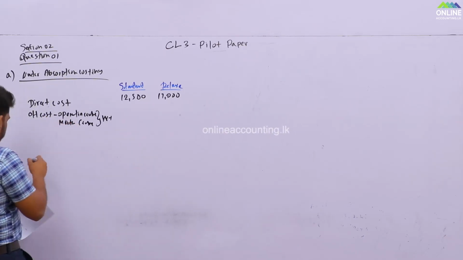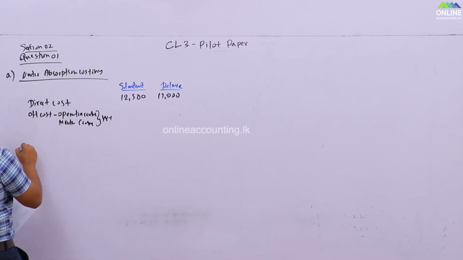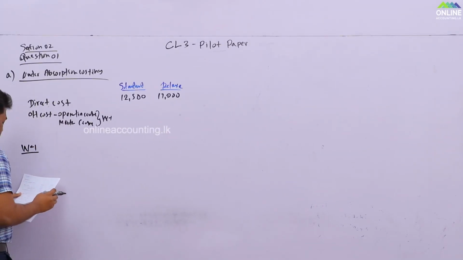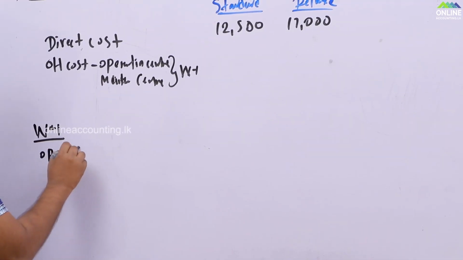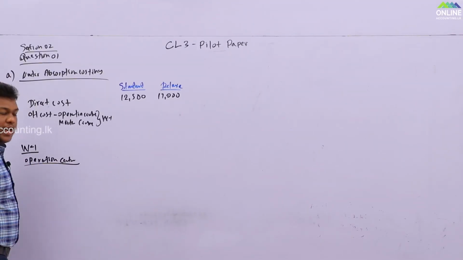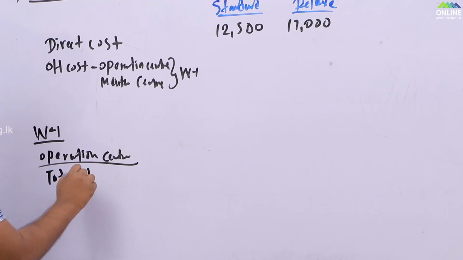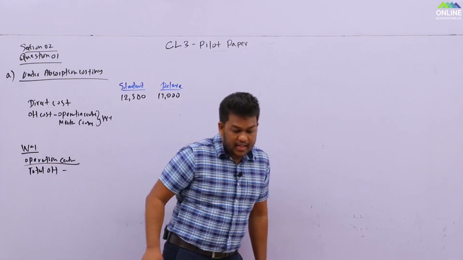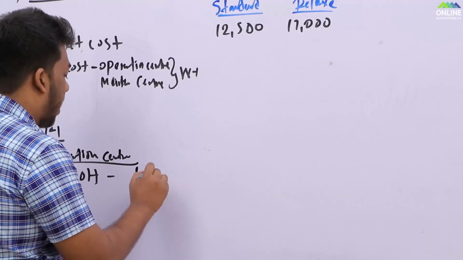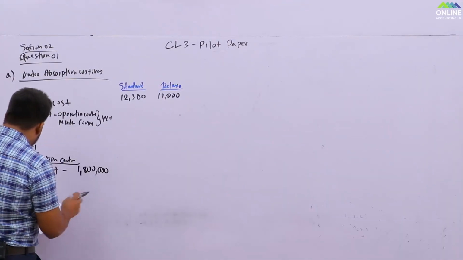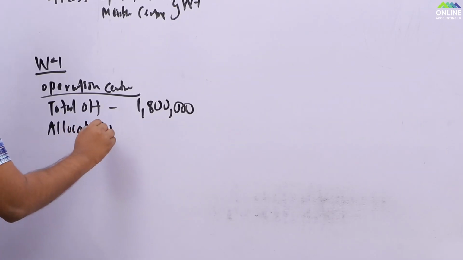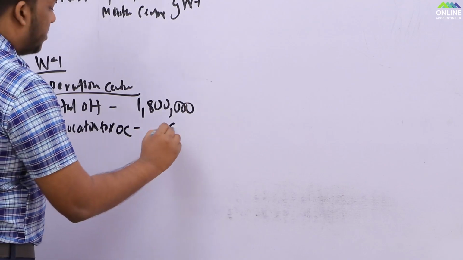Working one: first of all the operation center. The total overhead cost of the company is 1.8 million, and from this how much will be allocated to the operation center? Allocation for the operation center, OC, is 60%.